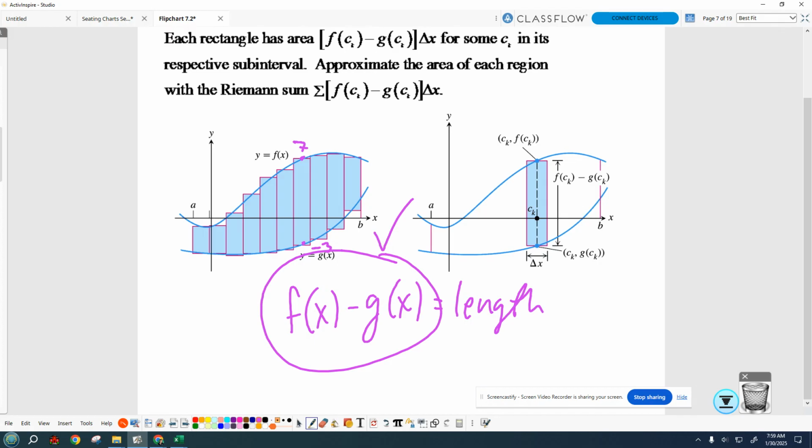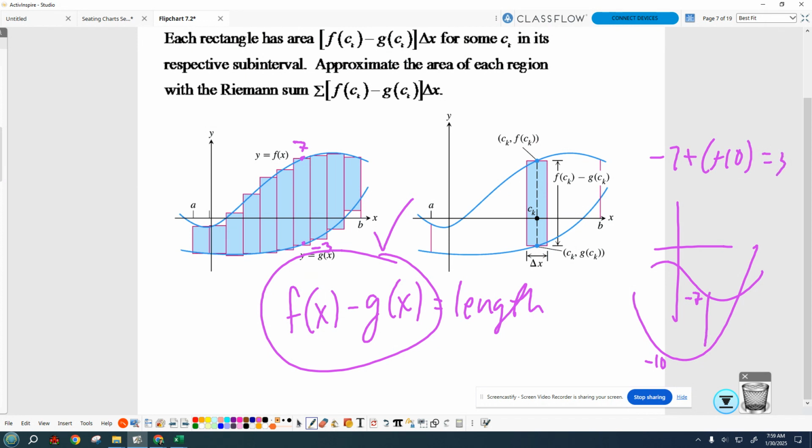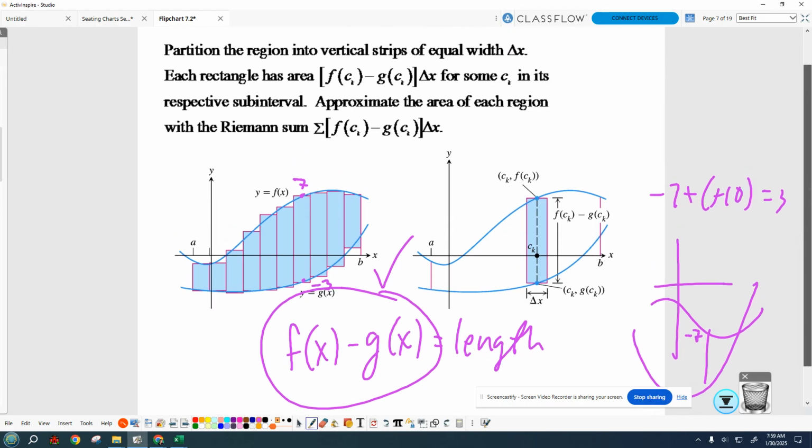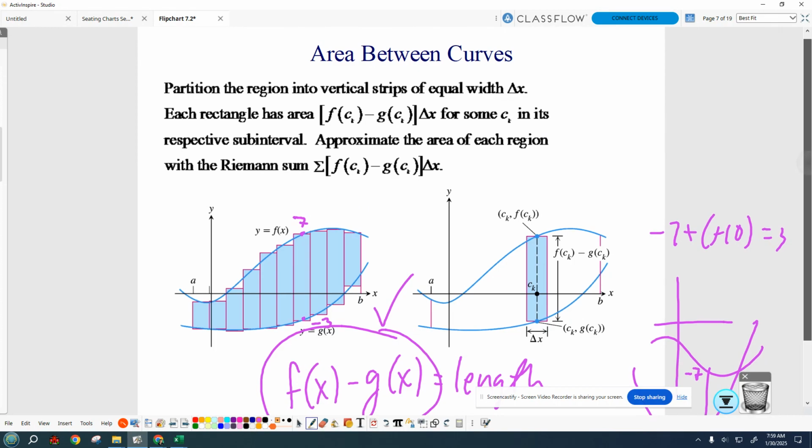It's always the top minus the bottom, even if the bottom's negative. Actually, even if the top is negative. If both of these were below, this is -7 and this is -10. -7 minus -10 will give us a length of +3. So it's all good? Okay.